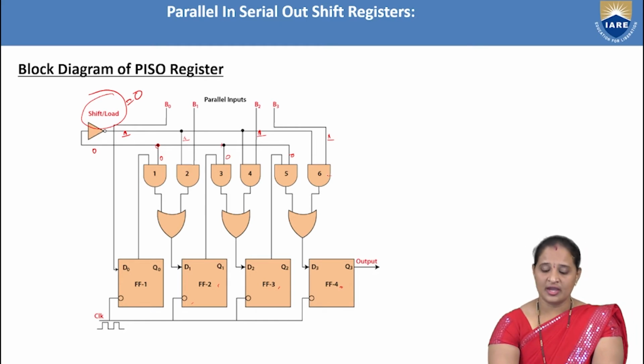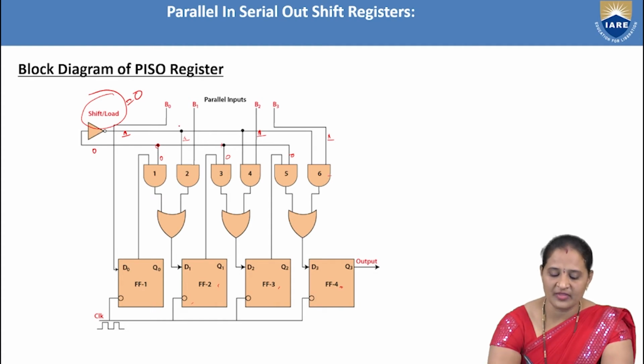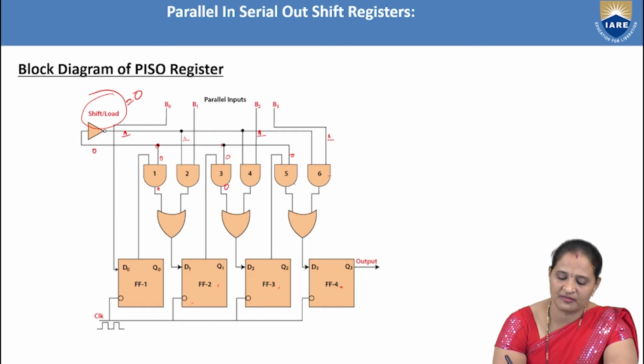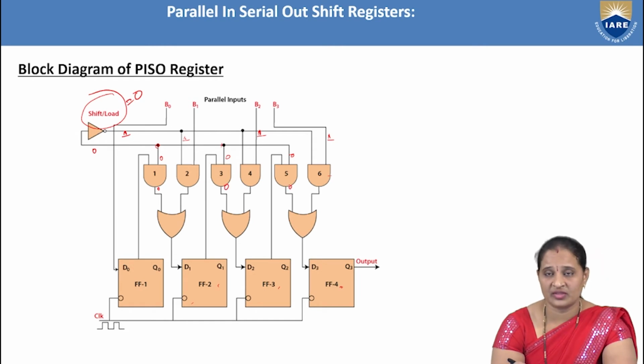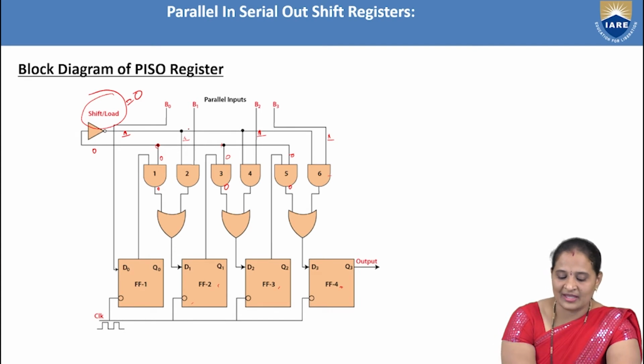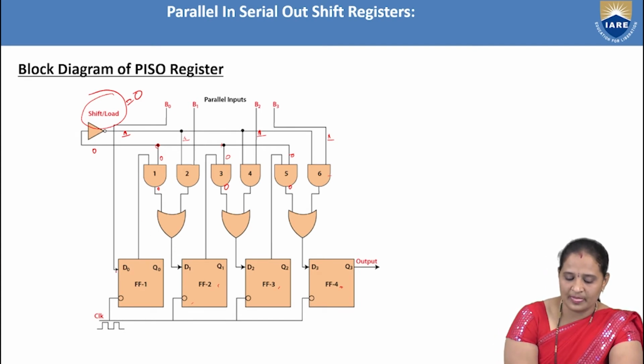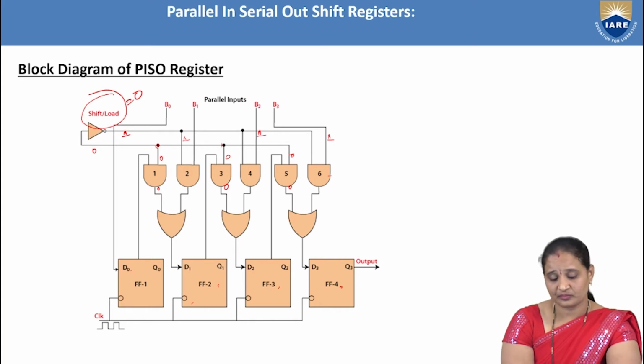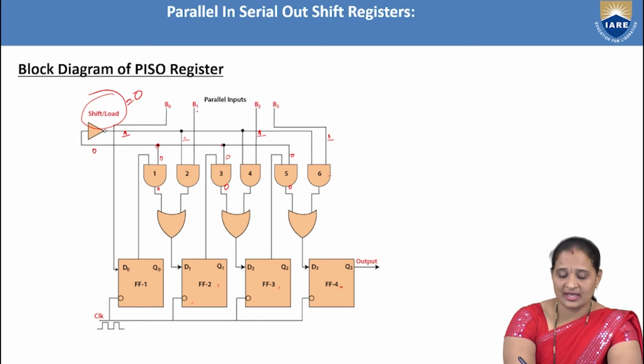2, 4, 6 are enabled here. The other input to these AND gates is 0, so the outputs of the 1, 3, 5 logic gates are 0. Now if you see, the leftmost flip-flop is applied with B0. The next flip-flop is applied with B1, since this gate is enabled: 0 plus B1 is B1.